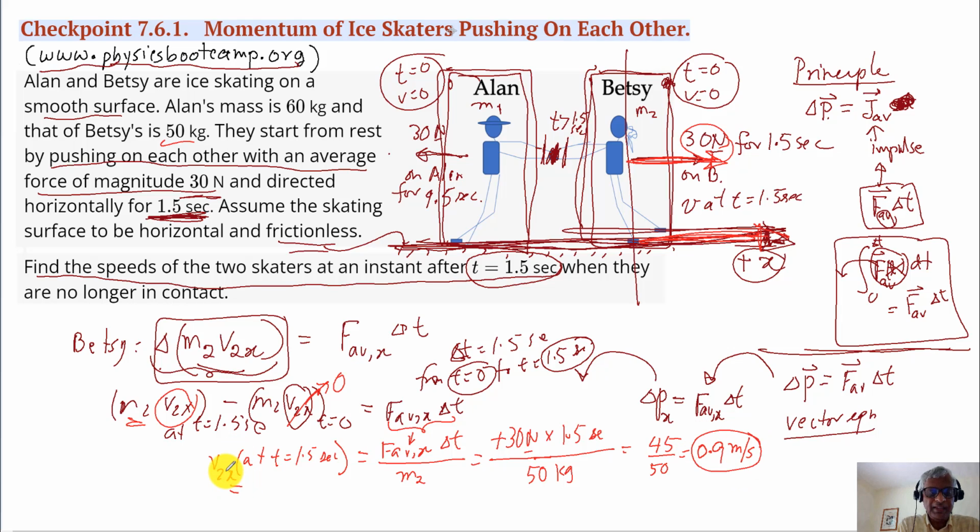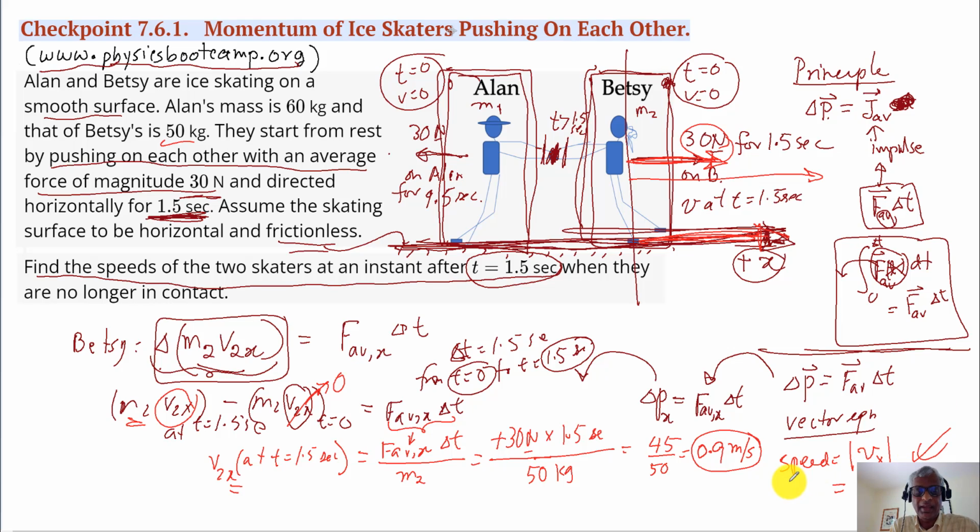And because this x direction gives you the x component, and her direction of motion is the positive x direction, this gives me her speed: vx for her is positive 0.9 meter per second.